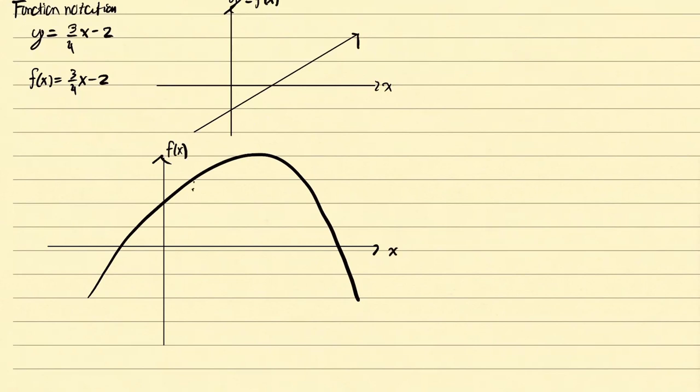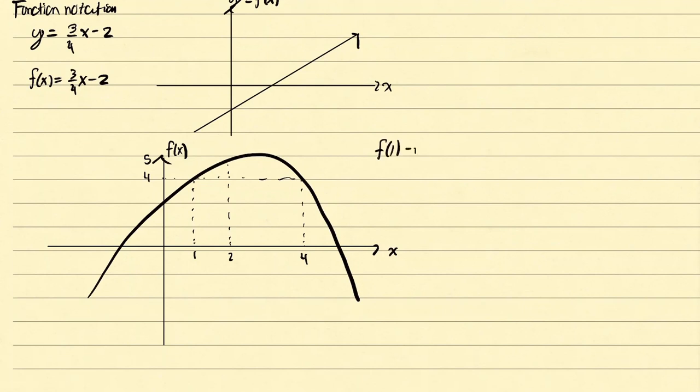Here is 1, and 4, 2, and 5. This is 4. And now I can ask you questions about this function. What would be f of 1?